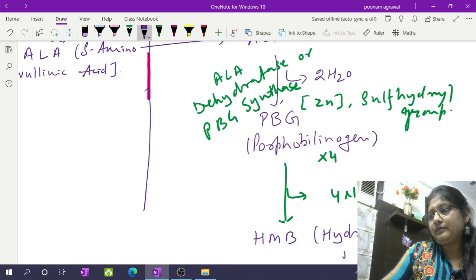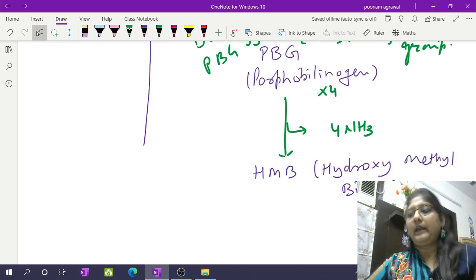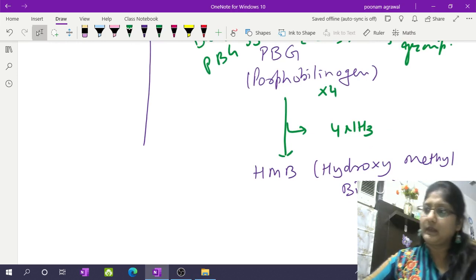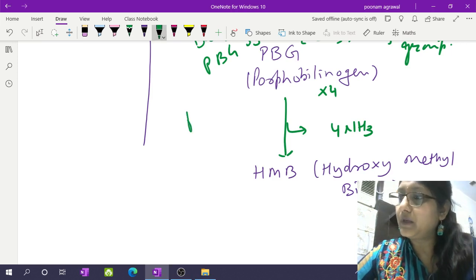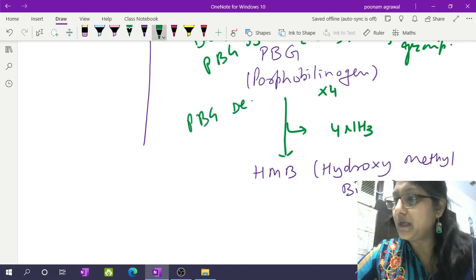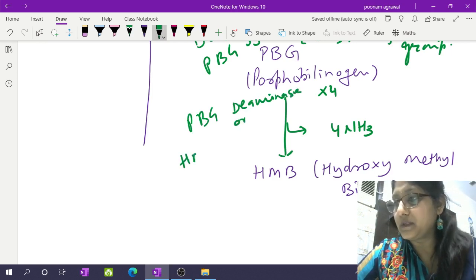Hydroxymethylbilane, as you can appreciate, is a linear tetrapyrrole, and this process is all cytosolic. You can even guess the name of the enzyme: it's called PBG deaminase, or otherwise HMB synthase.